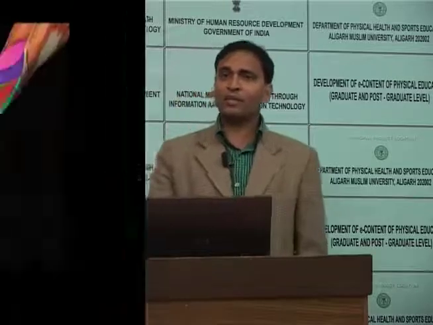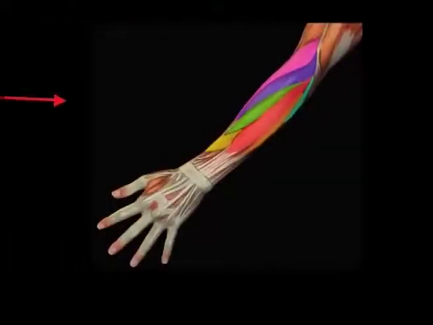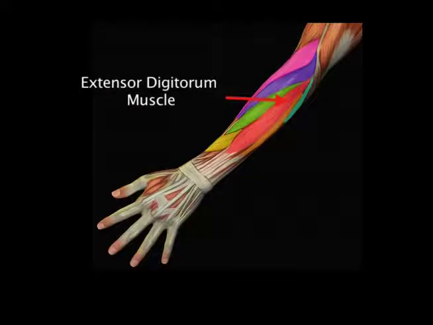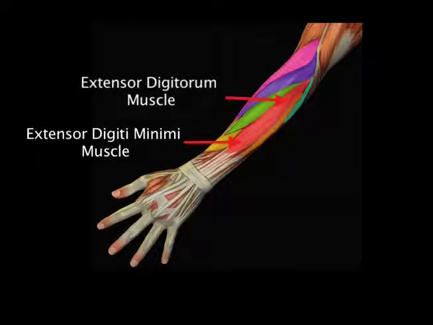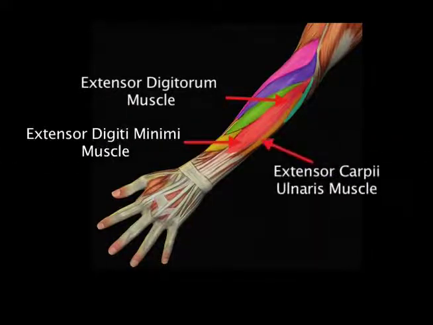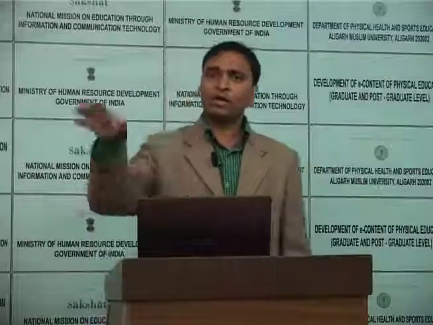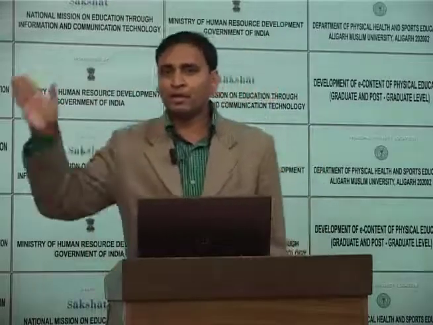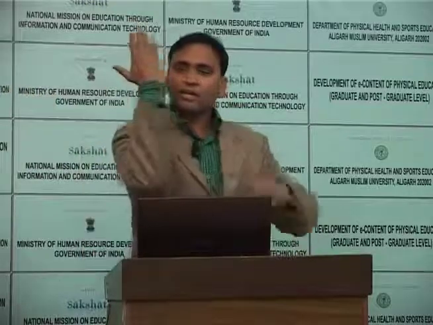First, I would like to discuss the muscles of the superficial layer. They are mainly three muscles: the extensor digitorum muscle, the extensor digiti minimi muscle, and the extensor carpi ulnaris muscle. These are all posterior muscles.